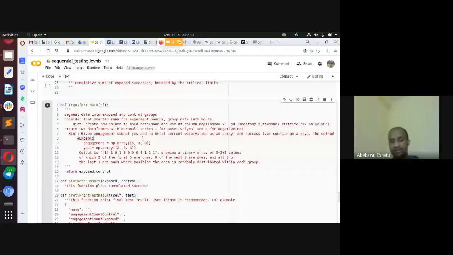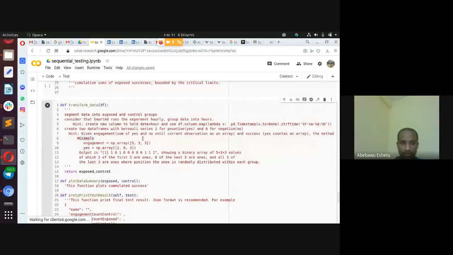I will show you. Another thing is transforming your data. From the data, the only columns that you need for this sequential testing are the yes and the no columns only. The rest of the features are to be used for your machine learning and other analysis parts.